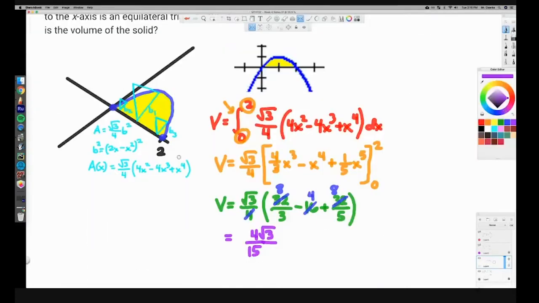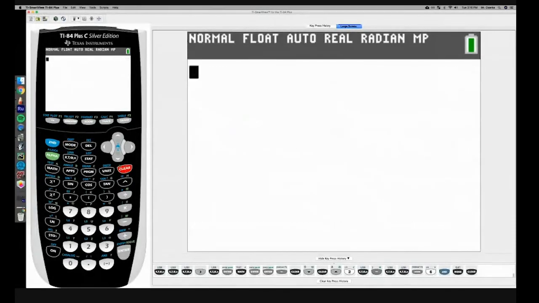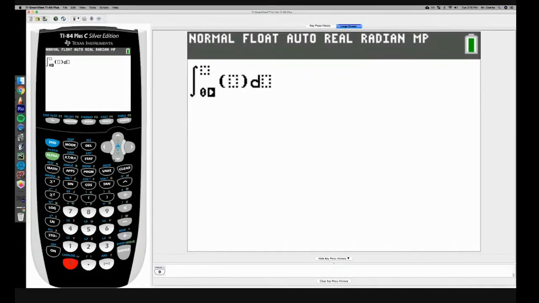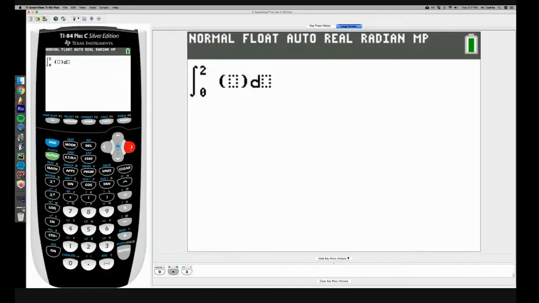I'm going to go back to the calculator here and work this out. So you end up with the integral from 0 to, was it 1? 2. That's embarrassing. Okay.